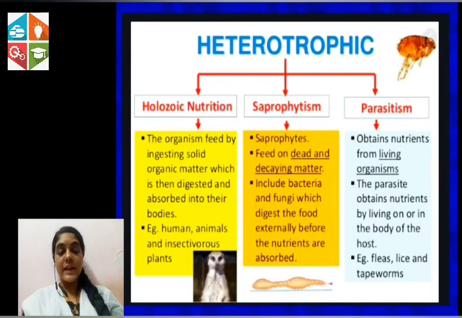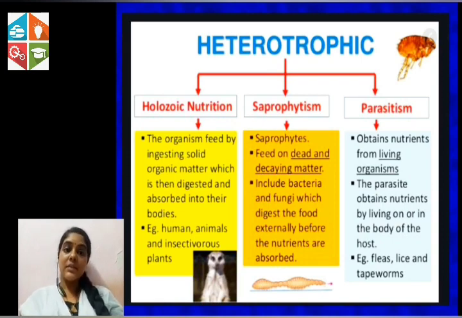Heterotrophic nutrition is classified into three: holozoic, saprophytic and parasitic. Holozoic means the organism ingests food, digests and absorbs it. So intake of food is called holozoic, like humans, animals and insects.